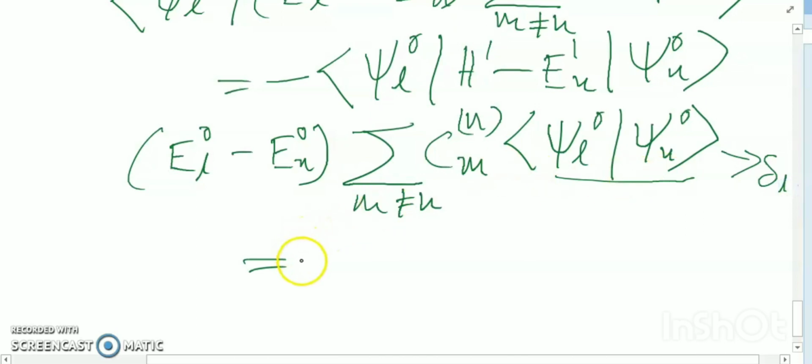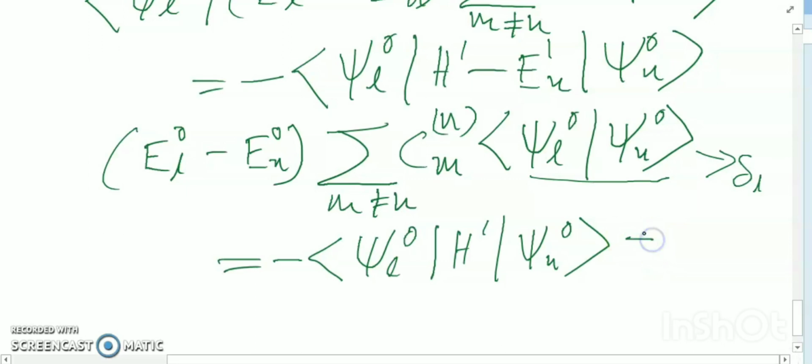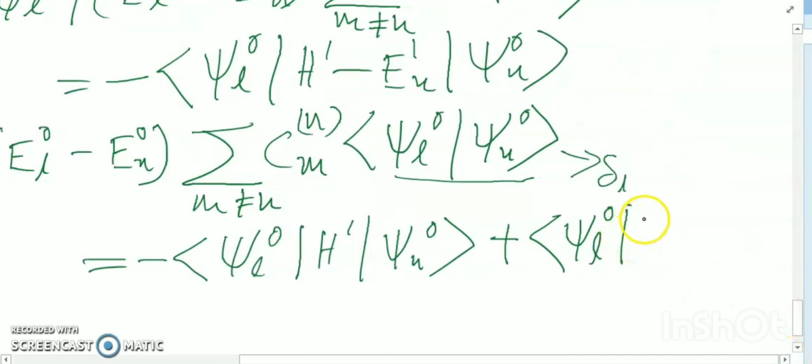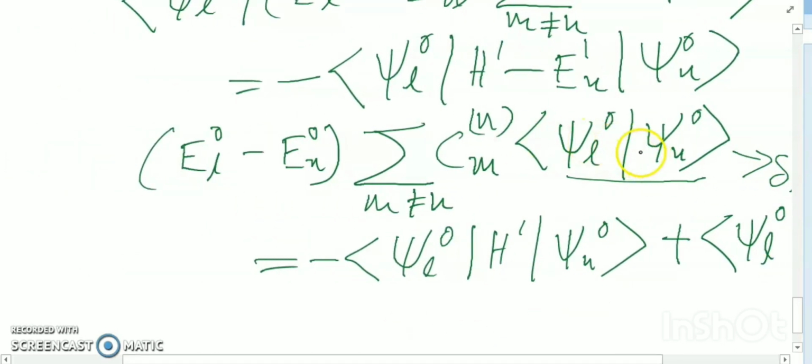So you can write this equation with psi l0 H prime psi n0, and this is the delta lm.